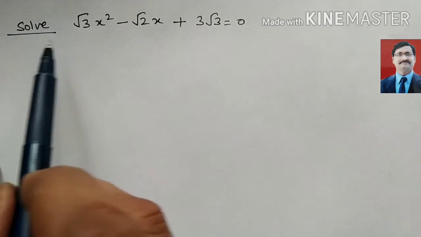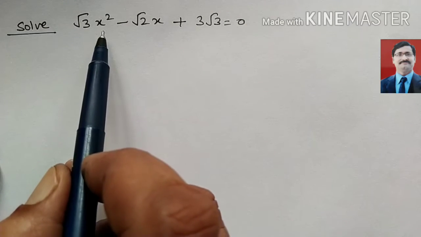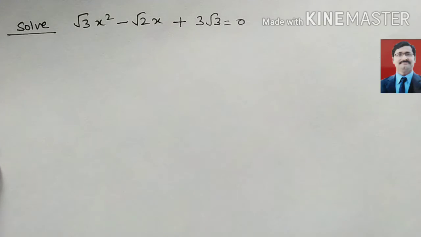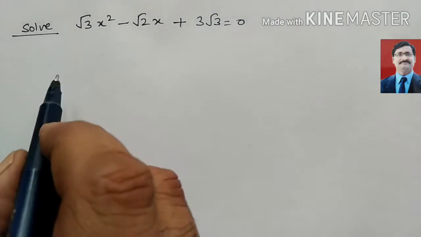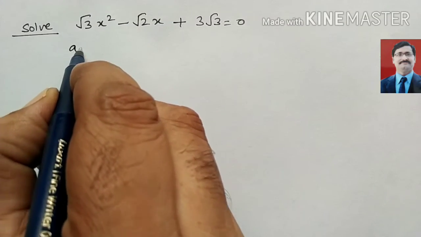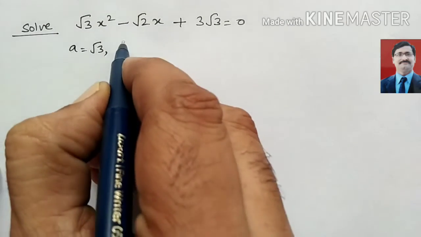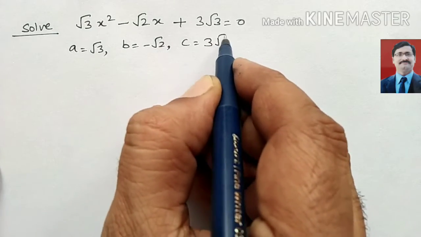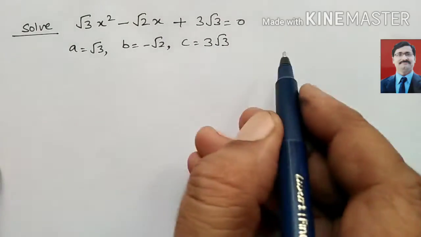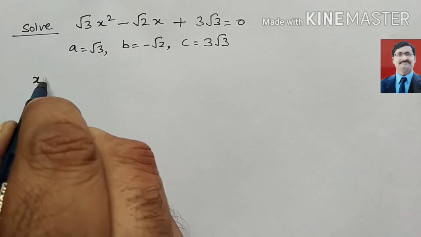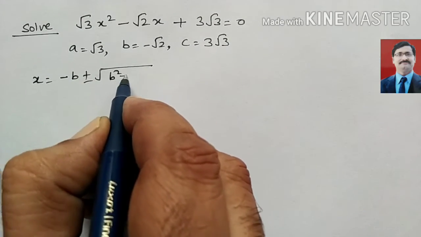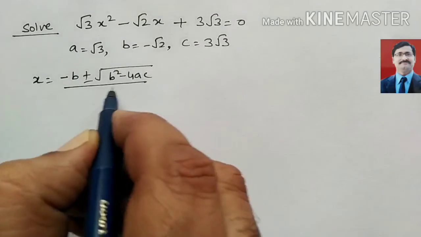Look here, now you have to solve root 3 x square minus root 2 x plus 3 root 3 equal to 0. Here you can check a equal to root 3, b equal to minus root 2, and c equal to 3 root 3. You have to put all these values in the formula, x equal to minus b plus minus root of b square minus 4ac upon 2a.